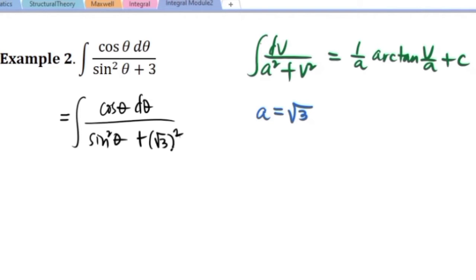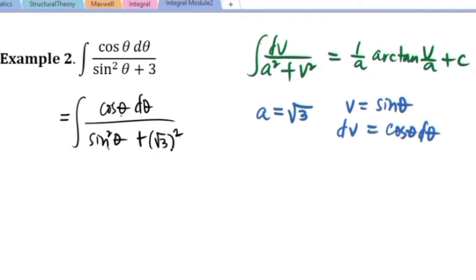And our v here is the sine of theta. So, taking the derivative, your dv is equal to cosine theta d theta. So, makikita natin dito na yung v natin ay sine theta and yung derivative nito is in the numerator, which is cosine theta d theta.